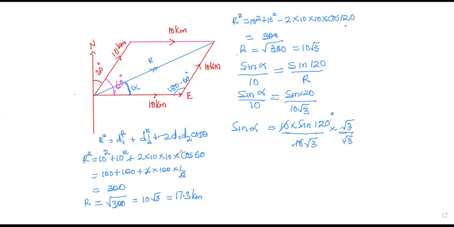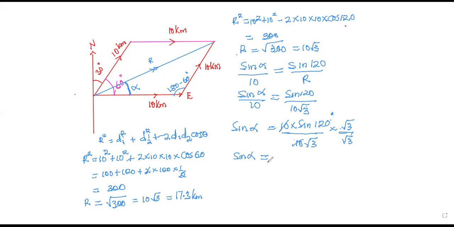The cosine rule is for determining the resultant, and the sine rule is used to determine the direction of the resultant or any of the vector quantities. Okay. So we are using the sine rule, because we are looking for the direction.